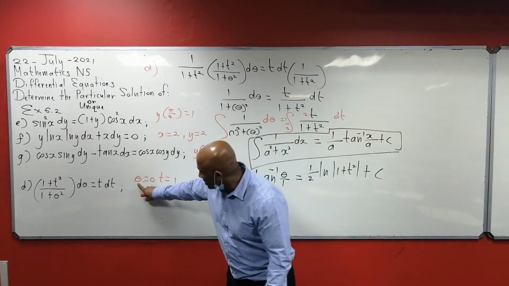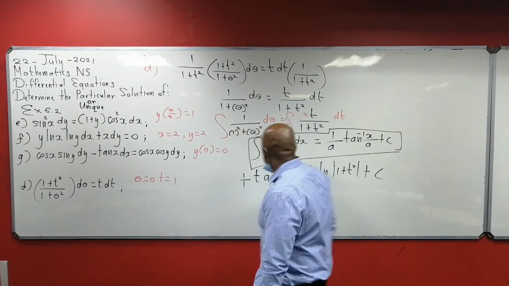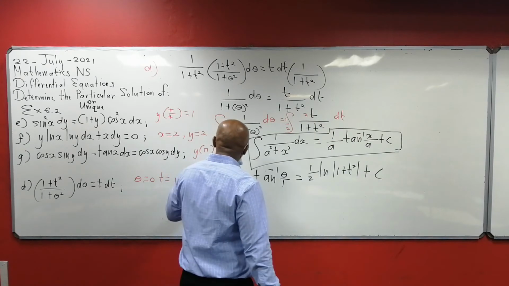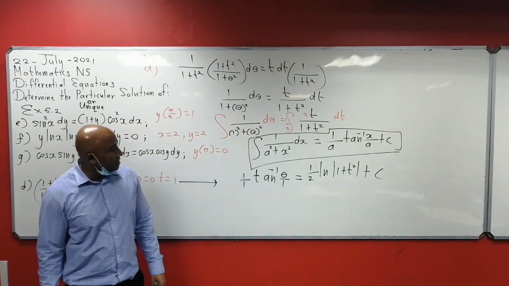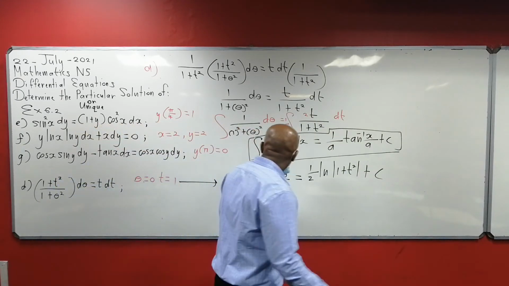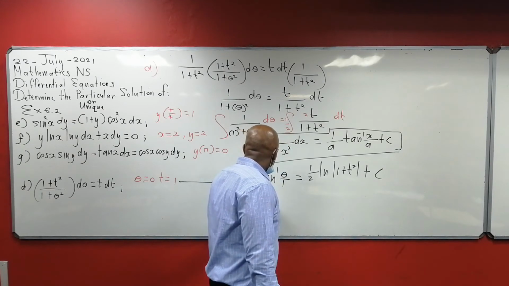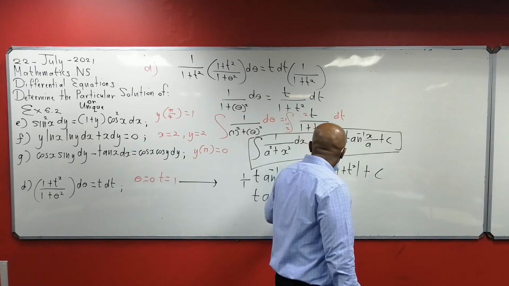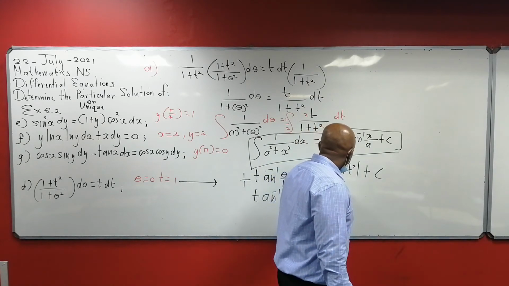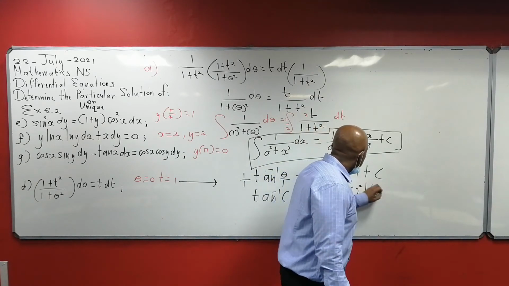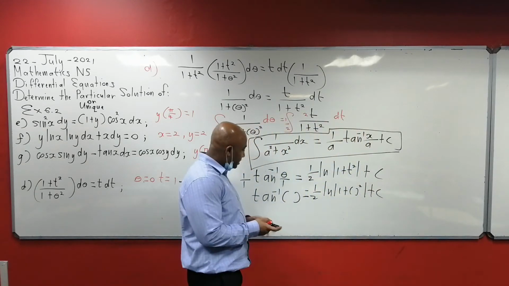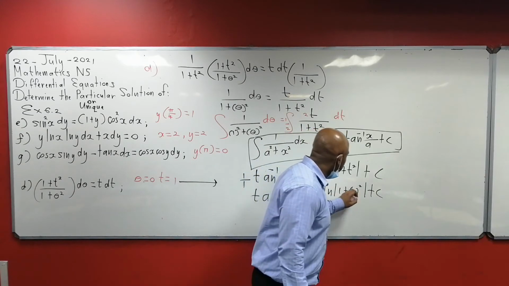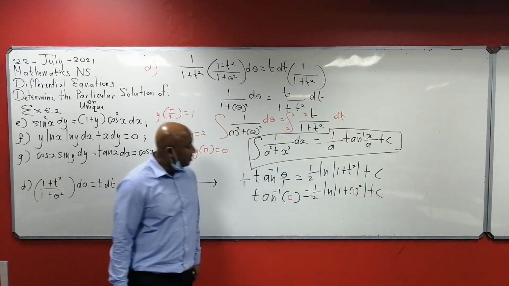We need to substitute: when theta is equal to 0, t is equal to 1. So let's go inverse tan of 0 there, and then I'm going to substitute 1 over 2, then 1 plus 1 squared. You can use your calculator straight. So when theta is equal to 0, t is equal to 1. We work out the value of c.